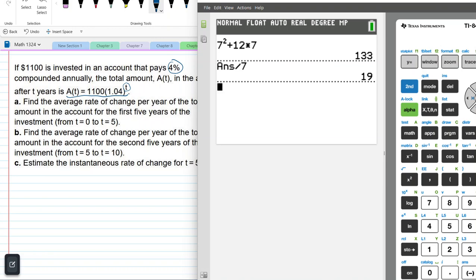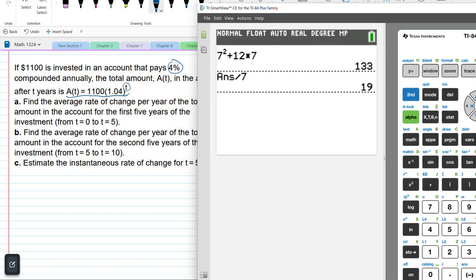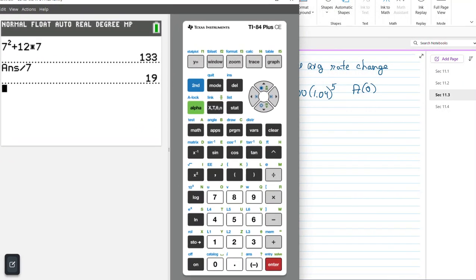Sorry about that. I had it showing the steps, so let me close that and reopen.